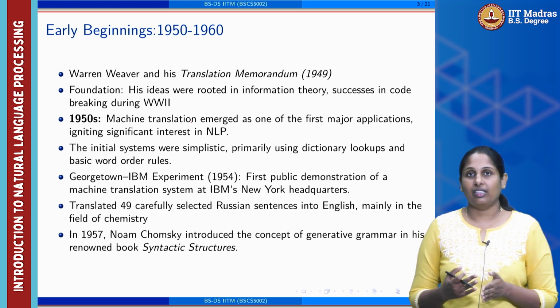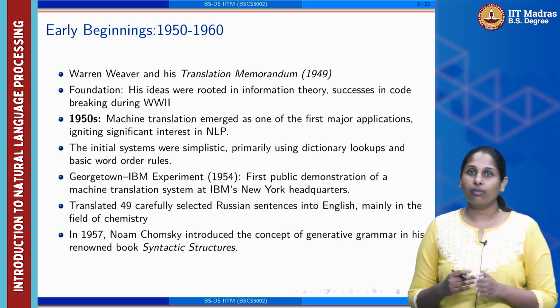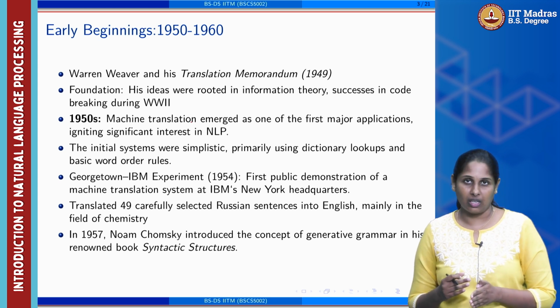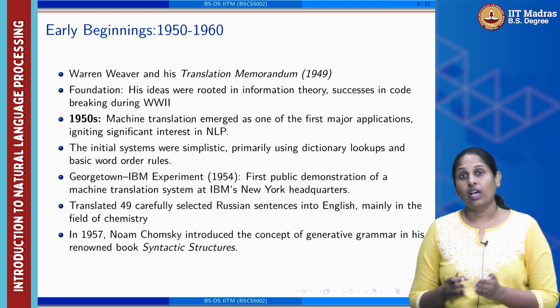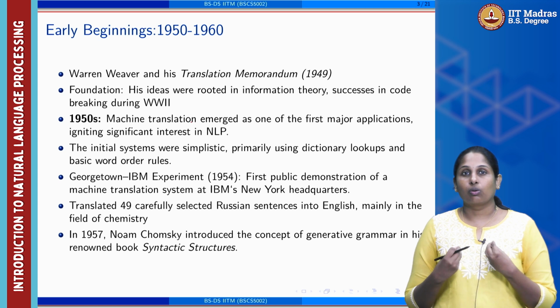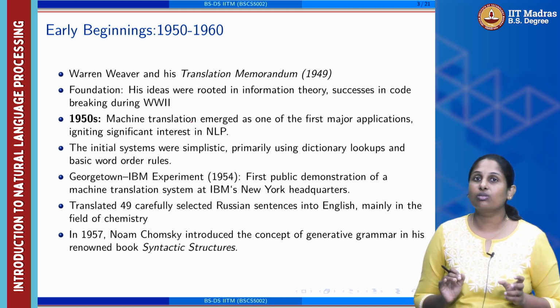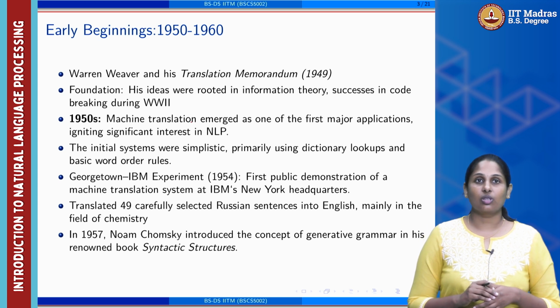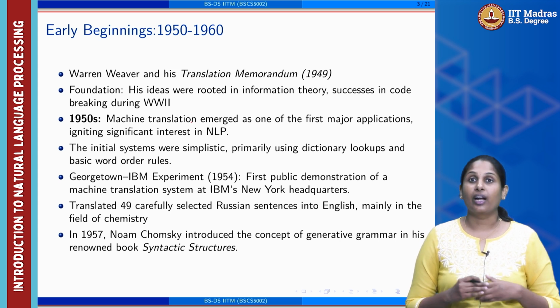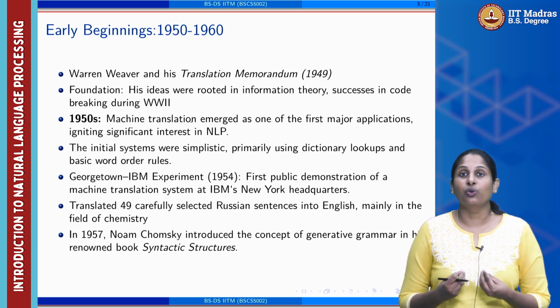But after that, 1957 onwards, with the work by Noam Chomsky on his Syntactic Structures, he started revolutionizing the idea of generative grammar, where language is not just a set of rules, and it is being generated by the human being.